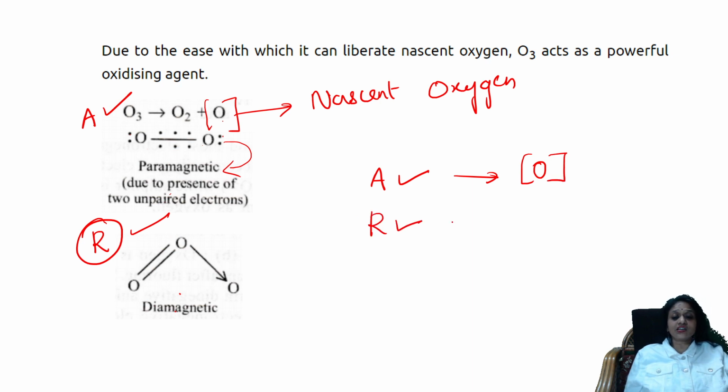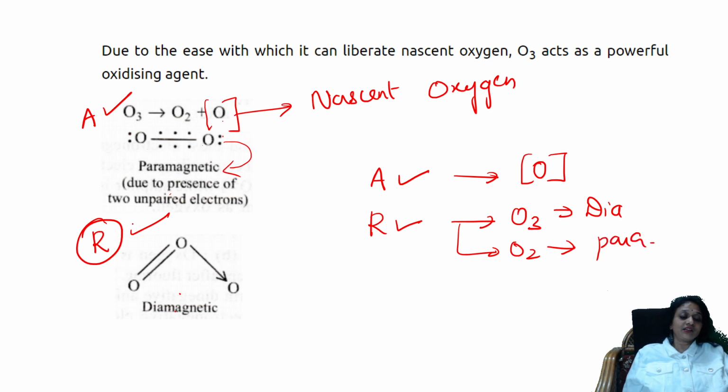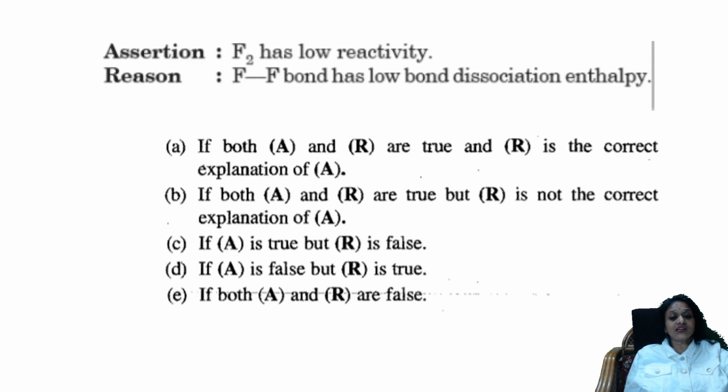The reason is also right because ozone is diamagnetic according to the structure, and O2 is paramagnetic. Both are right, but the reason is not explaining the assertion. These are two different concepts. That's why. Next question.